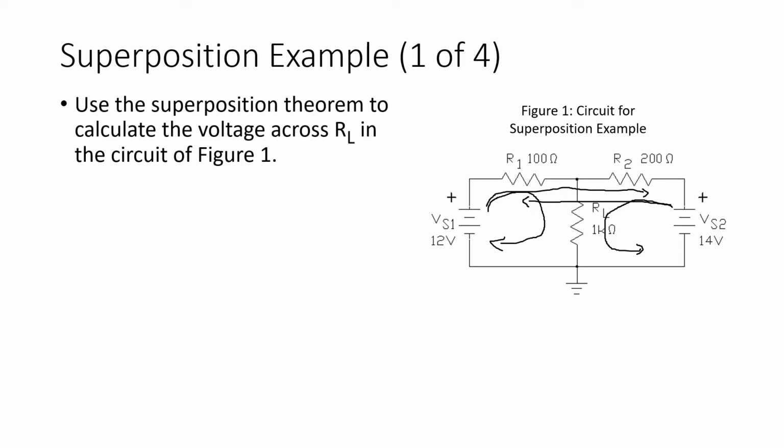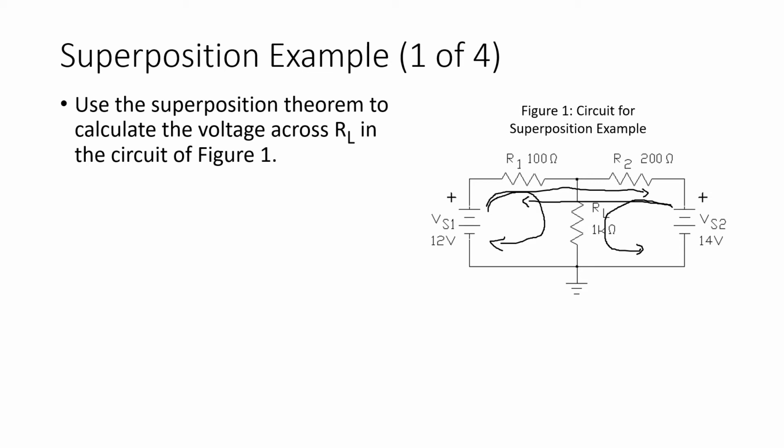This circuit cannot be reduced using our typical or traditional circuit analysis reduction steps. Because there's two currents flowing through RL, there's potentially two currents flowing through R1 and R2.